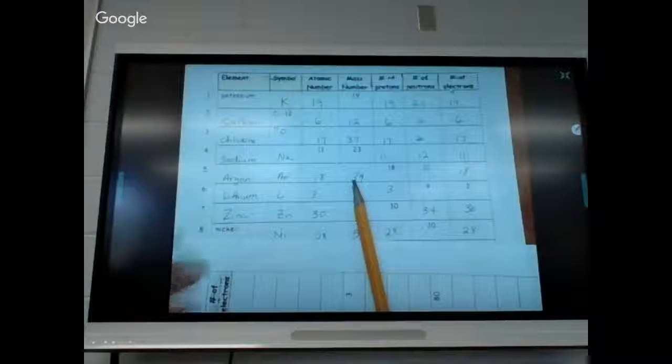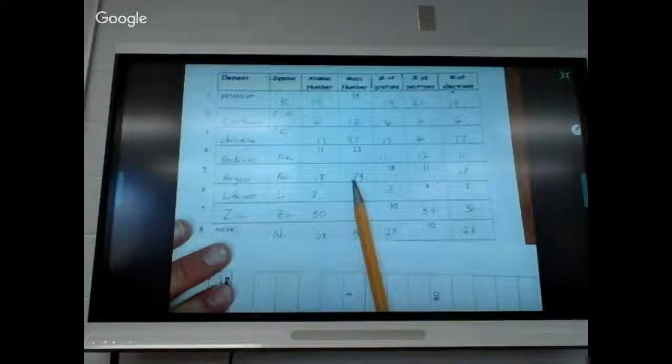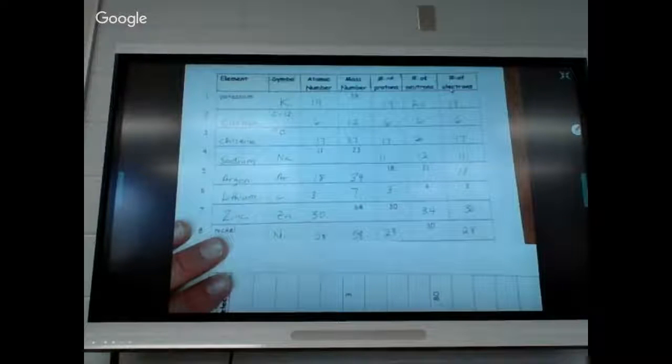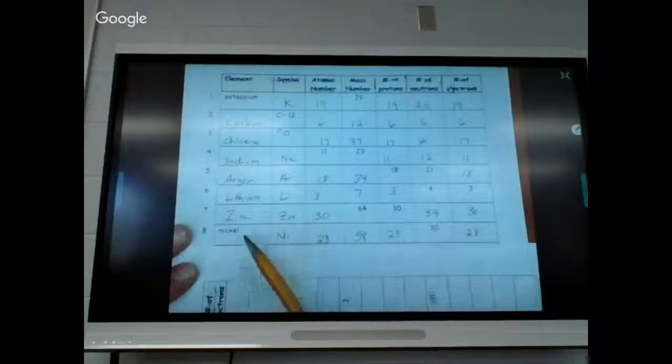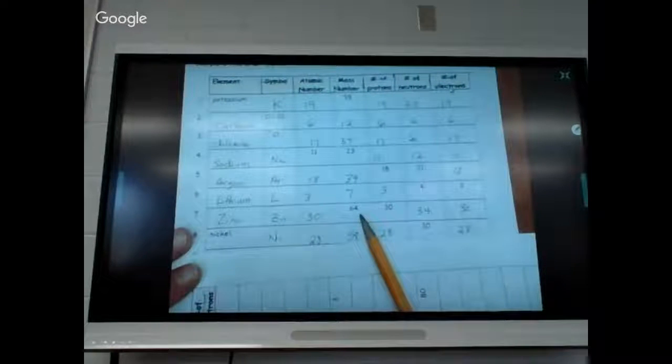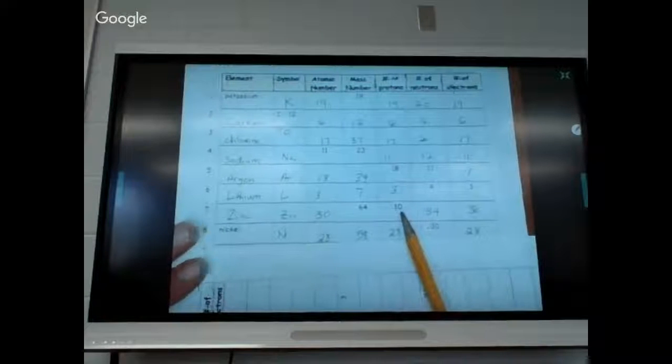What else? I kind of got confused with 7. All right, so when I look up this element, I see its mass is 64 and its protons are 30, right?